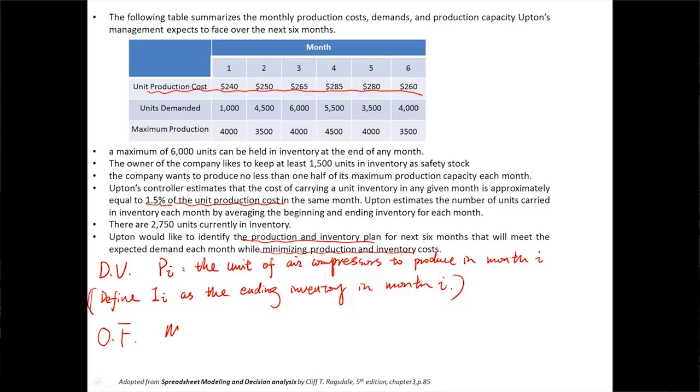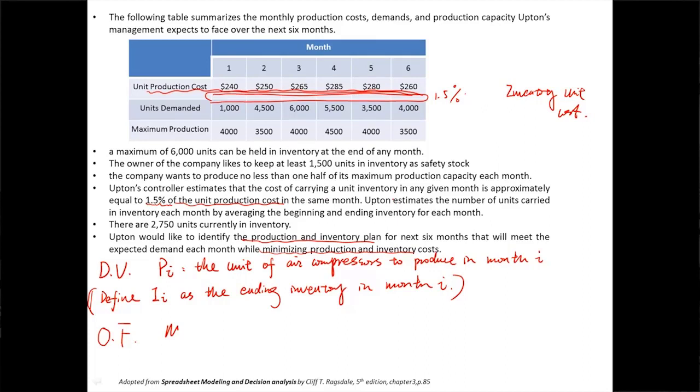So we can maybe add a row here to calculate the inventory unit cost, being 1.5% multiplied by the row above.